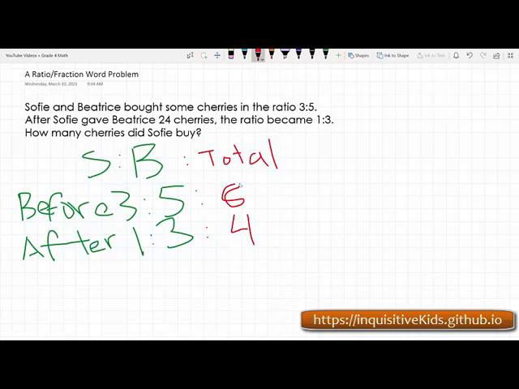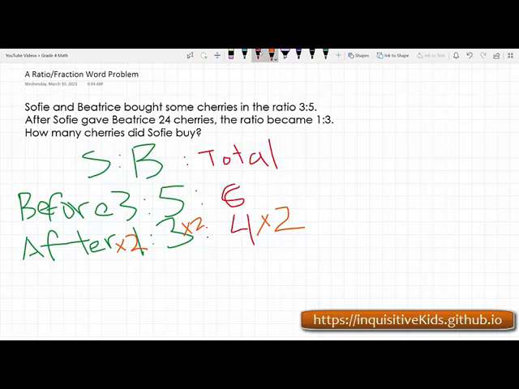And since we know that the total number of units should represent the same number of cherries, maybe we could make the total the same, because here it's 8 and over here it's 4. Since we need to make the 8 and the 4 the same, we can multiply this 4 by 2. But in order for this after ratio to stay the same, we have to multiply all the numbers by 2.